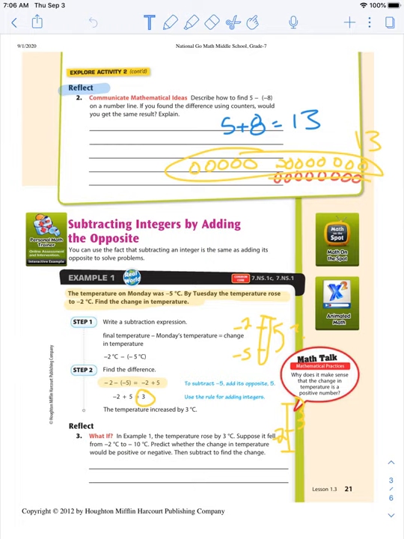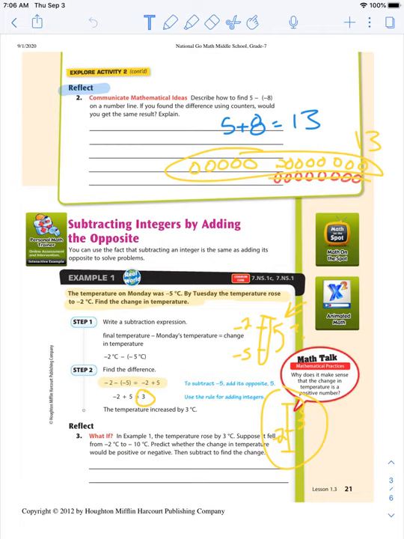So notice how we got 3 both ways, whether you count by 3 to get from negative 5 to negative 2, or if I start at negative 2 and I add 5, I'm still going to end at 3. So either way, whether you're subtracting the negative or you're adding its opposite, you should get the same answer.